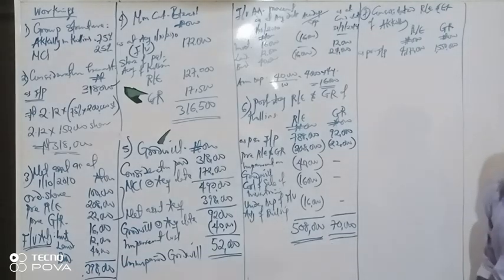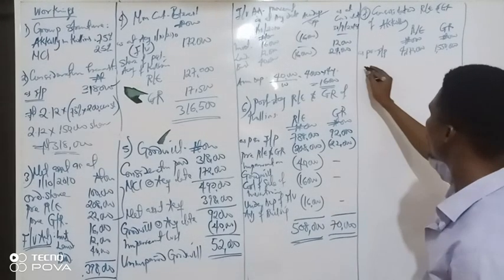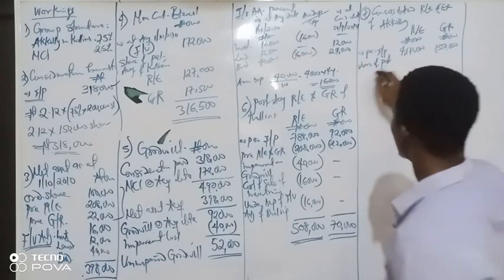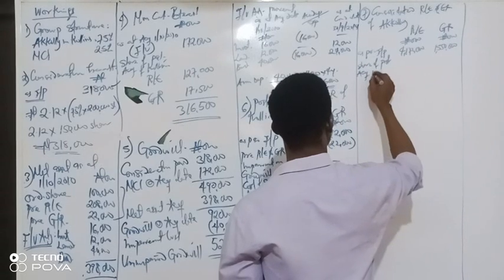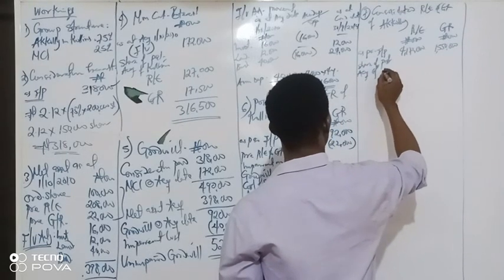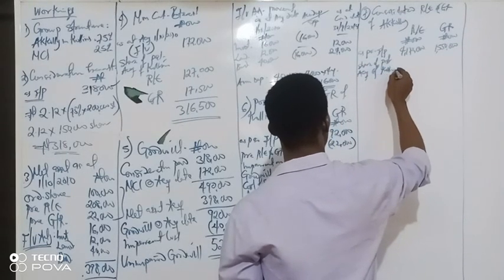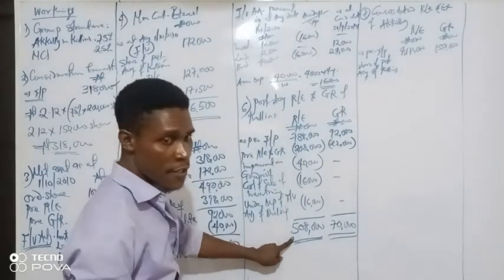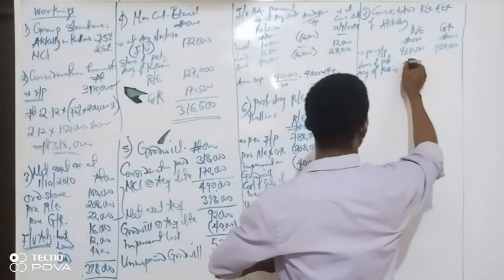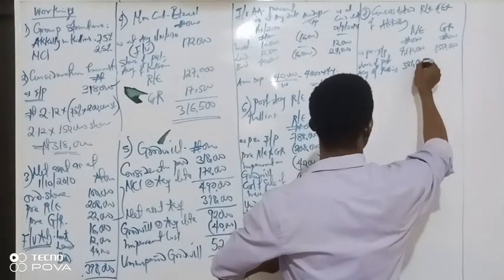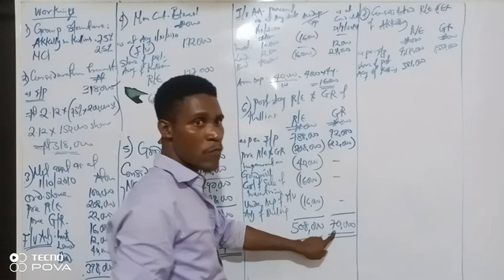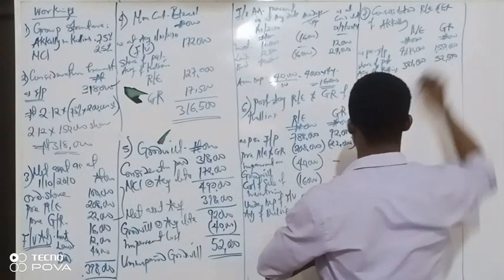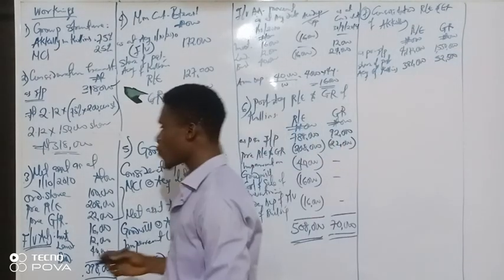We add our post-acquisition share of the retained earnings of the subsidiary. 75% of this for retained earnings is 81,000. Then for general reserve, 52,500. And I don't think there's any other adjustment again.